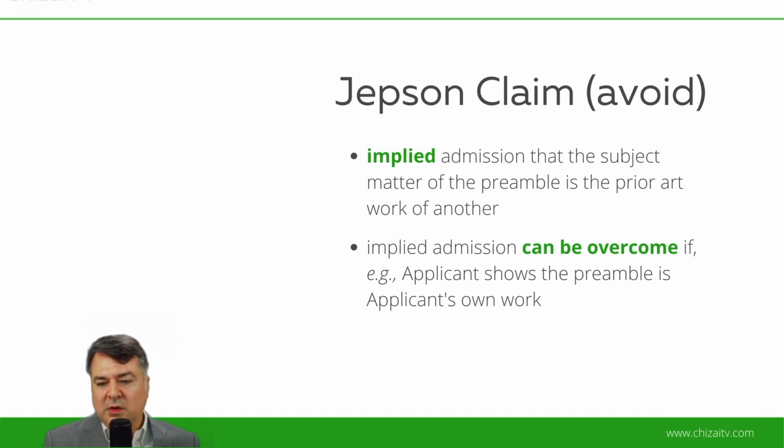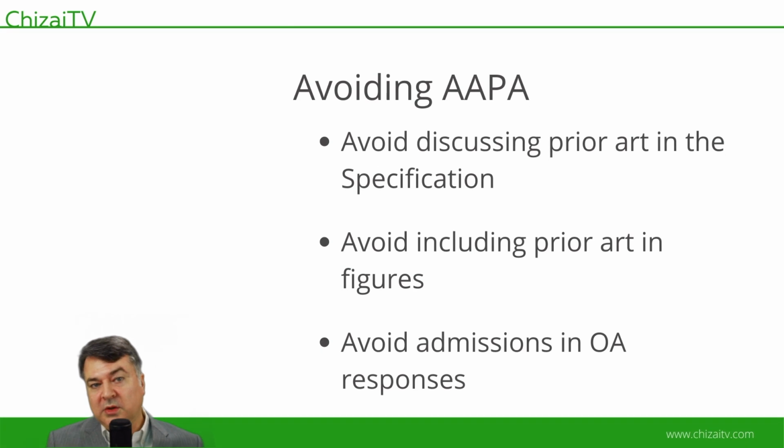Okay, so a final comment here. What can we do to avoid applicant admitted prior art? I would say in general, it's really not a good thing to make any admissions, but sometimes if you have your application in Japan and you translate it and you incorporate it by reference or something like that, you may not be able to avoid some of these statements.